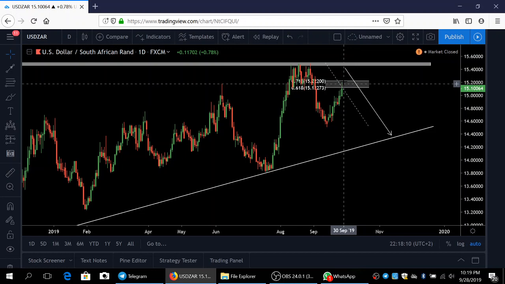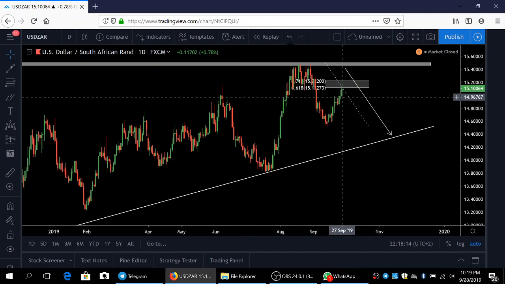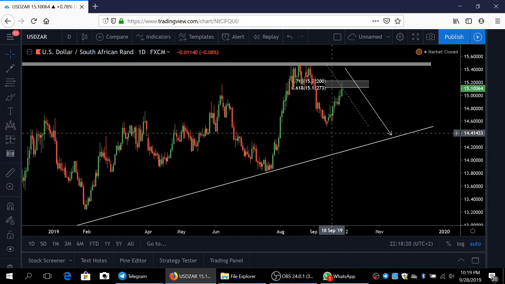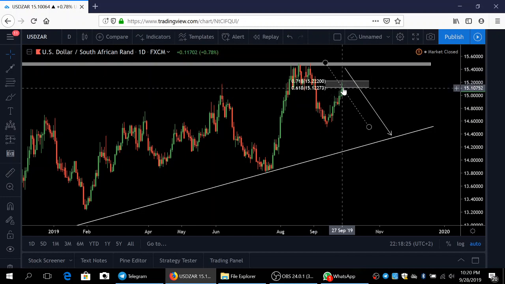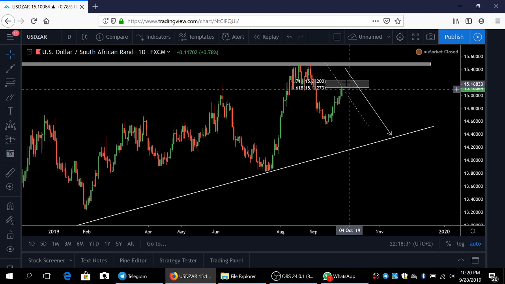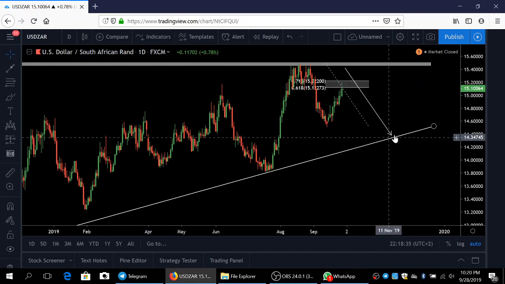Even if it doesn't though, it hopefully will reject at this resistance zone here, as you can see that it has done that here. So when the markets open, we'll see what happens. If we see signs of rejection, we'll possibly be in a position to short USD ZAR to the bottom of this ascending trend line.